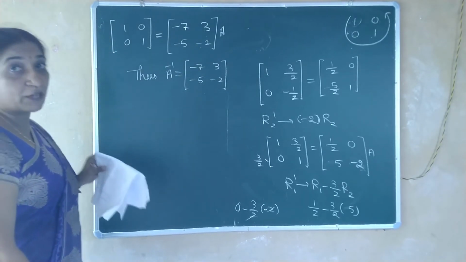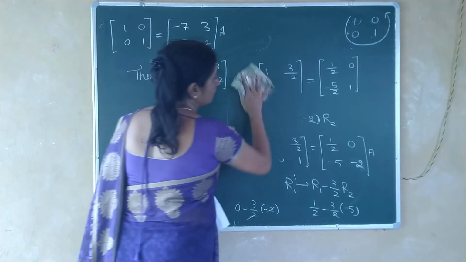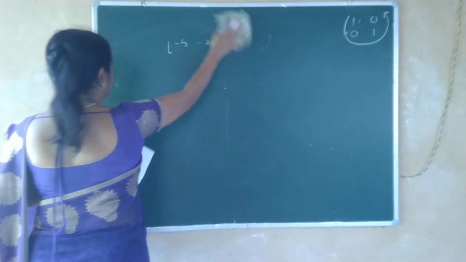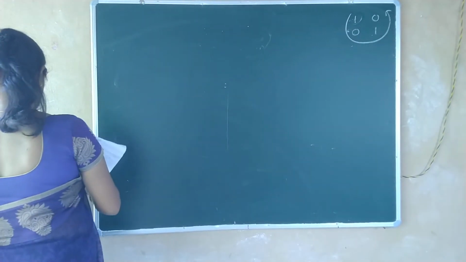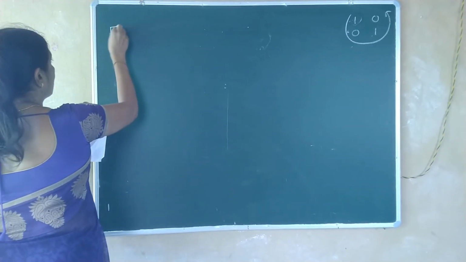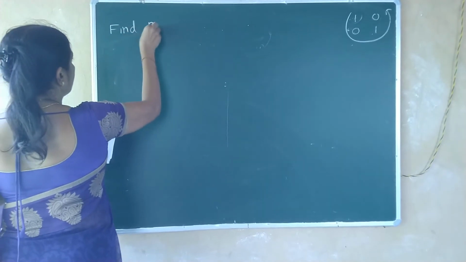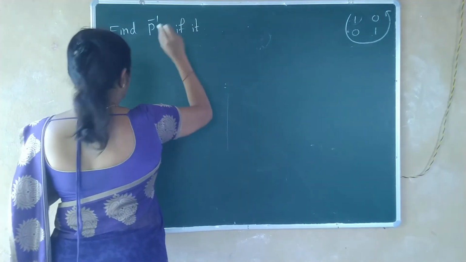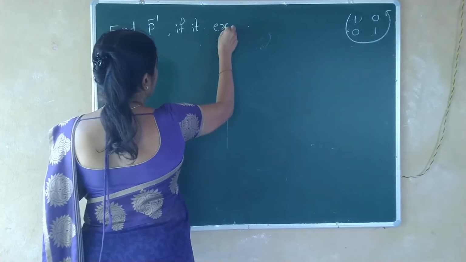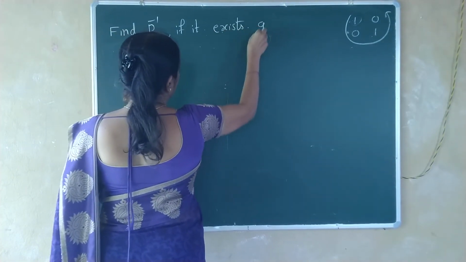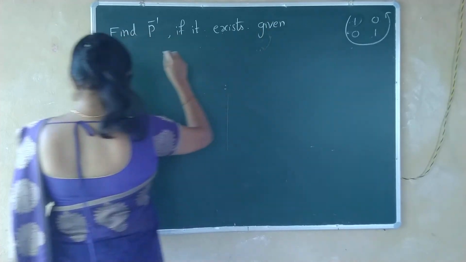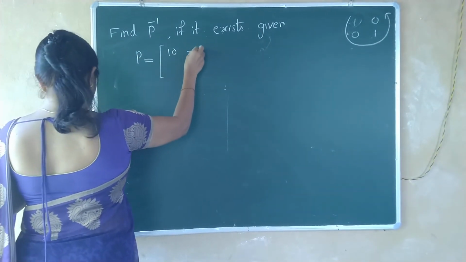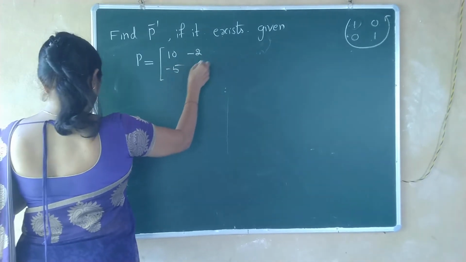I am explaining one more example. Find P inverse, if it exists, given that P is equal to 10 minus 2, minus 5 1.